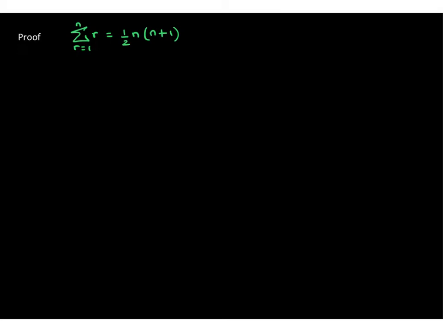So let's look at the actual summation that we are carrying out. We are adding together 1, 2, 3, all the way up to n. Now, you should recognise this as an arithmetic progression or an arithmetic series.